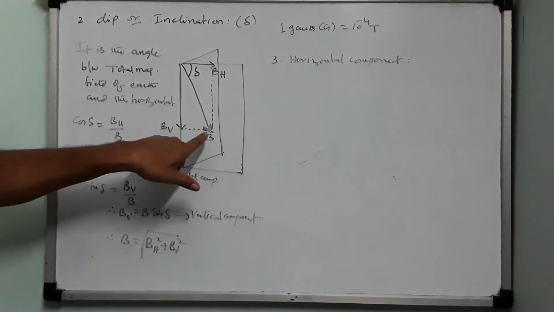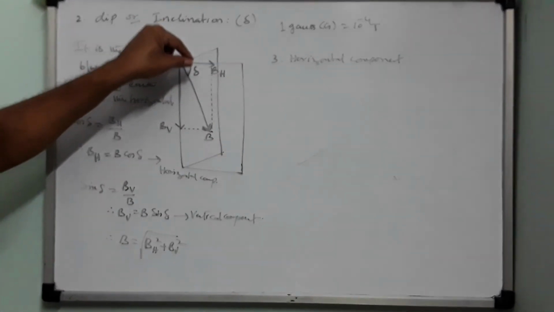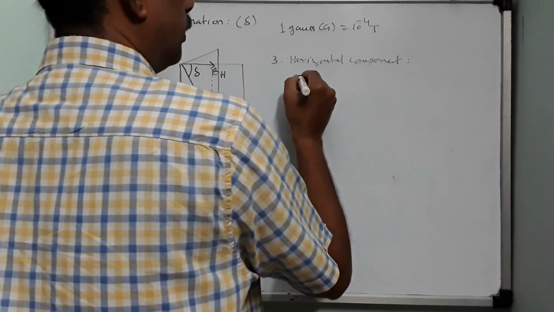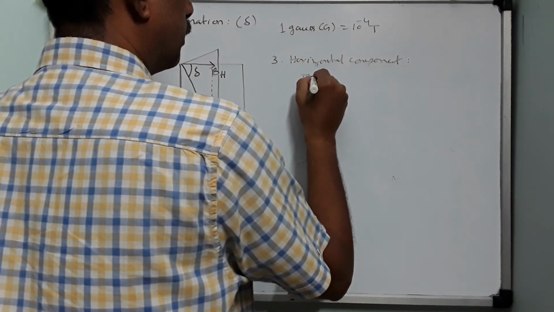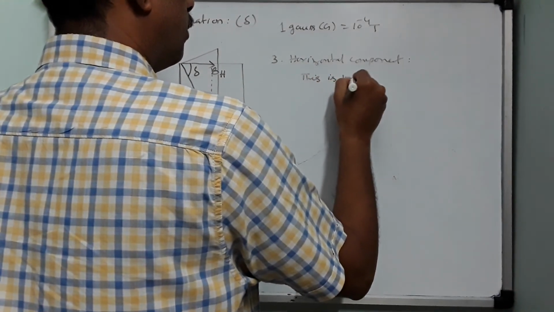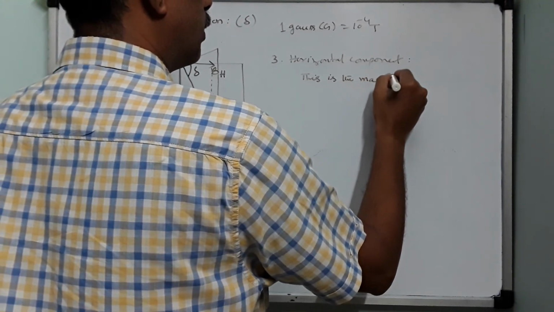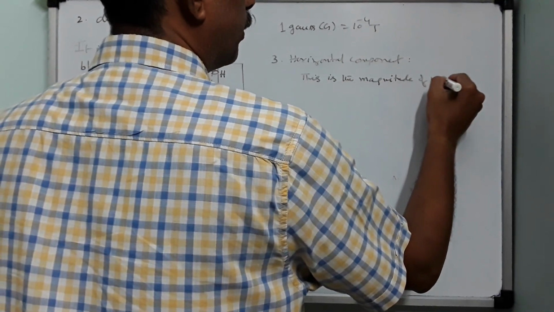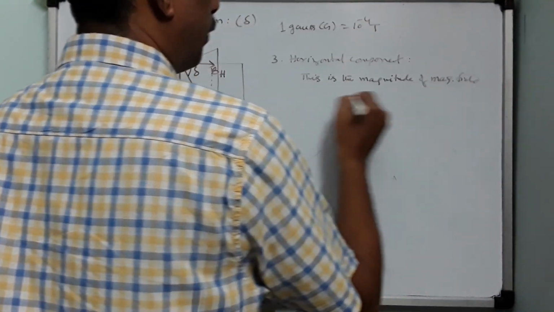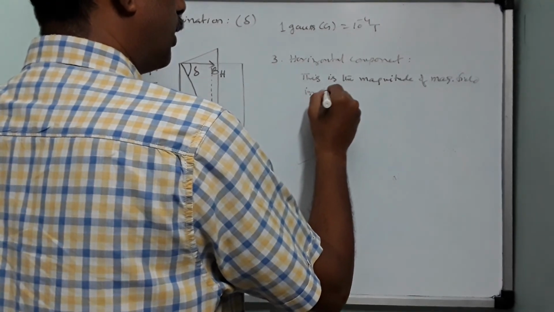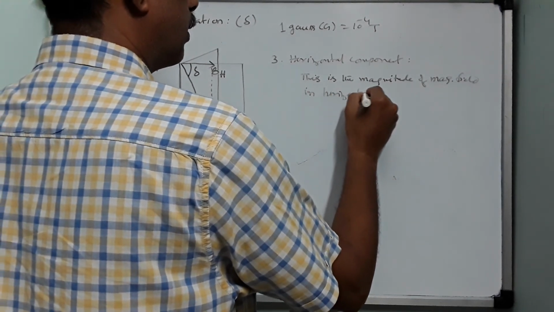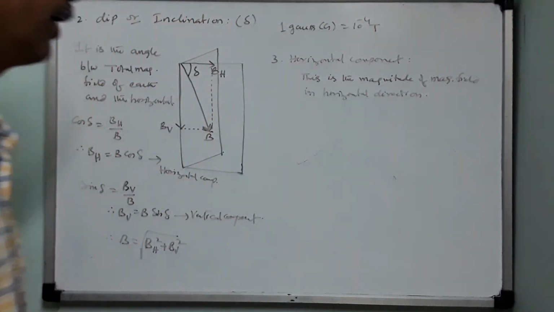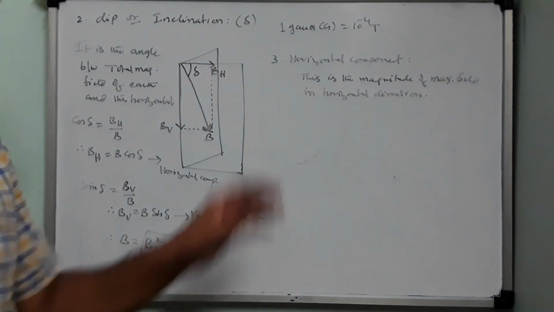What is BH? This is the magnitude of the magnetic field in the horizontal direction. So these are the three elements of Earth's magnetic field, children.